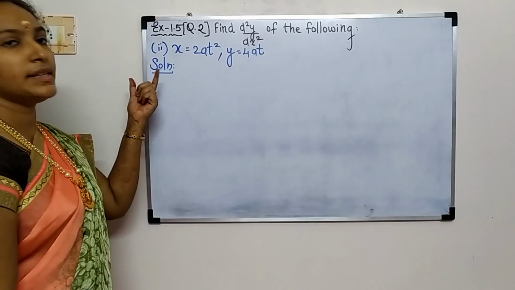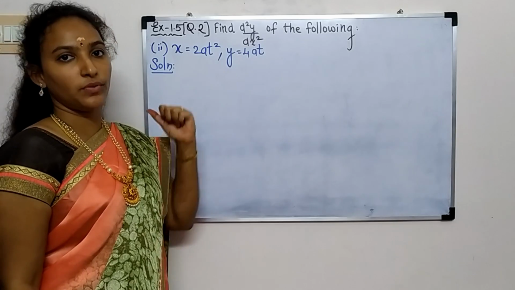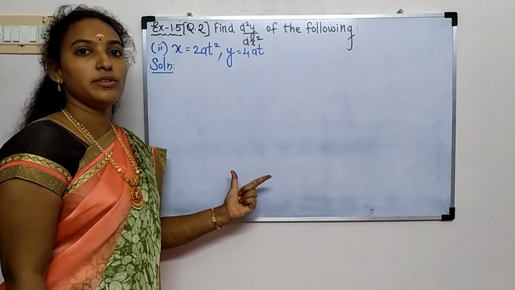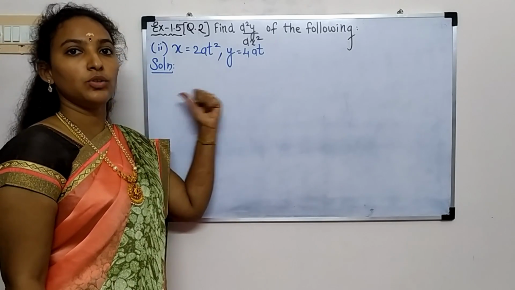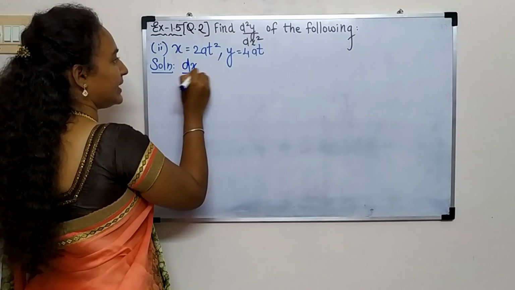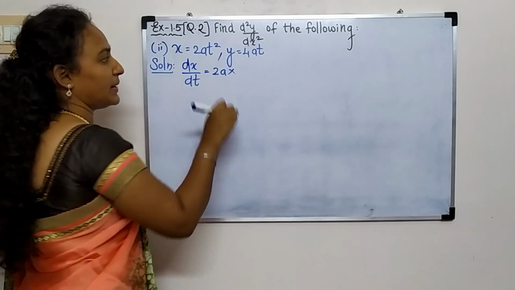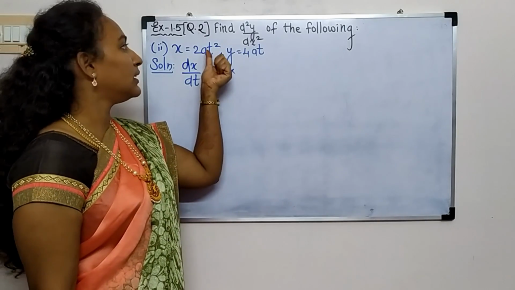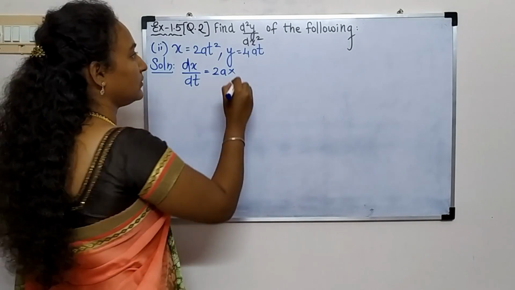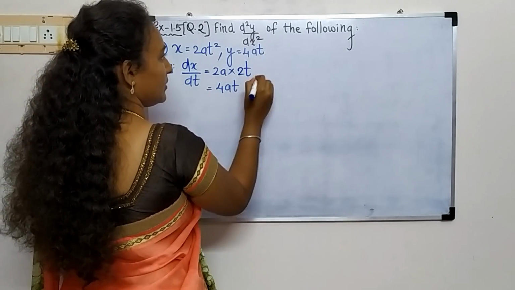See the second question we have. x equal to 2at square, y equal to 4at. This question is also solved similar to question number 1. Let us see how. First calculate dx by dt, that is 2a multiplied with, 2a is a constant, derivative of t square is 2t, which is equal to 4at.